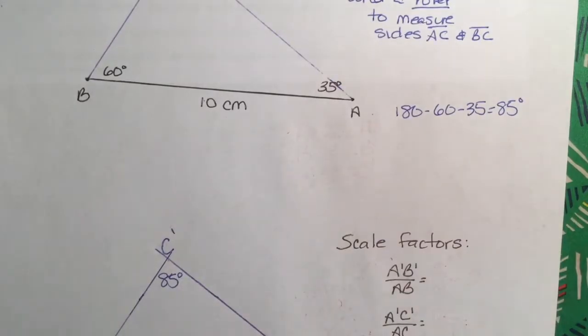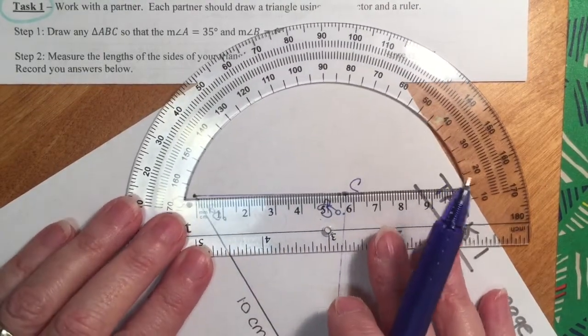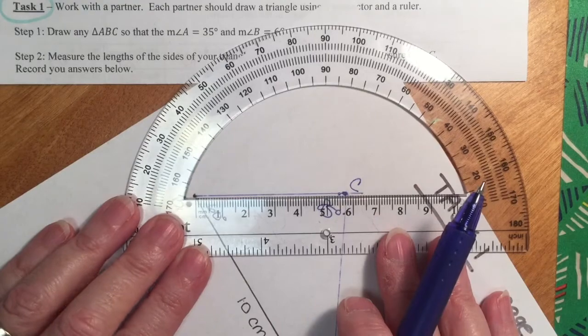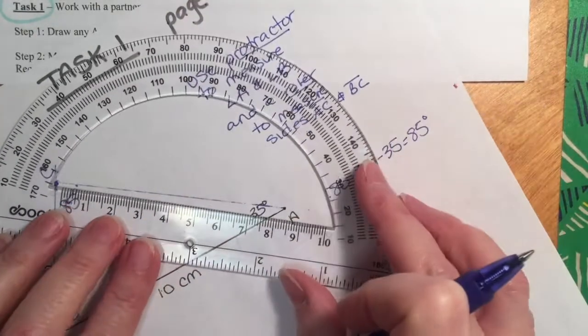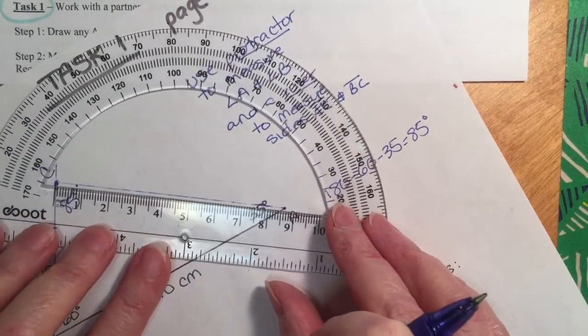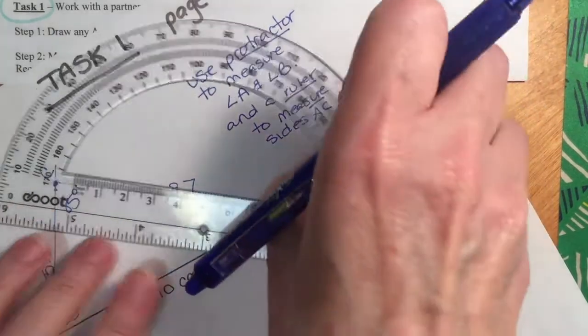Okay, so using the ruler, these are centimeters. Using the ruler to measure the centimeters out, this is 5.8 centimeters. And this one is 8.7 centimeters.